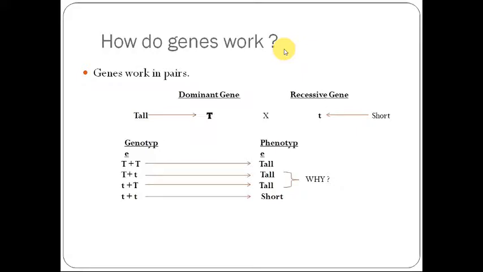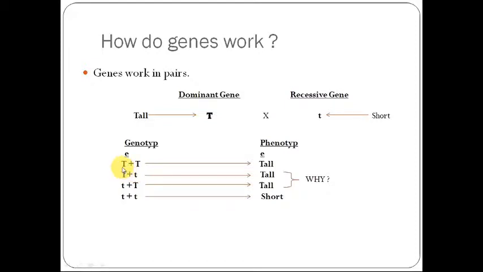How do genes work? Genes work in pairs. Genes have a dominant gene and a recessive gene. The dominant gene decides what trait the offspring will inherit, and recessive is the one which stays behind the scene. Genotype is the pair in which it works.